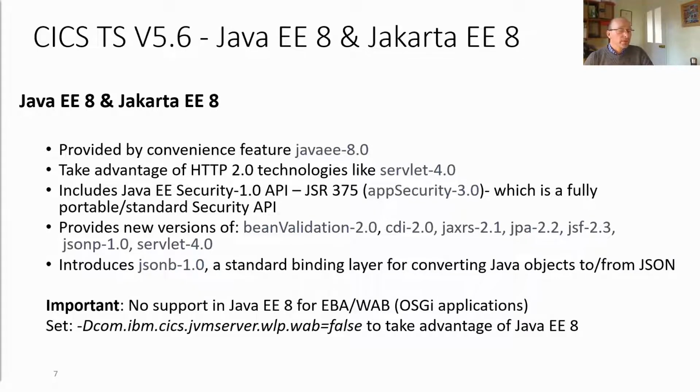In Java EE8, you need to set the following property, which is a system property, which says IBM CICS JVM Server WAB false. That means we don't enable the WAB support in CICS, and that would enable you to move to Java EE8. We still support OSGi applications in OSGi JVM servers. This is only a Liberty statement.